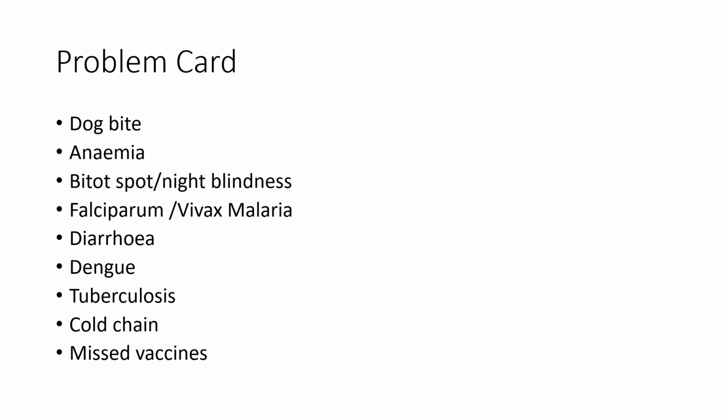Now, keeping this aside, let's get to the problem cards. The next problem card that is commonly given is that of anemia. This can be given in a pregnant woman, in a reproductive age group woman, or in an adolescent girl. It could be a nutritional anemia problem card, or a hookworm infestation anemia card.